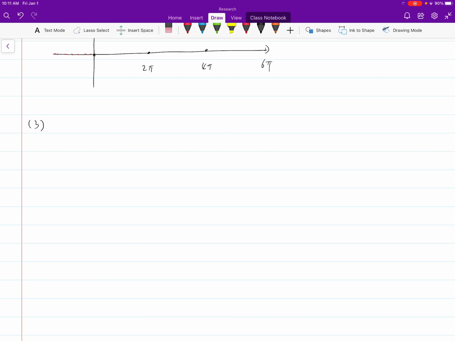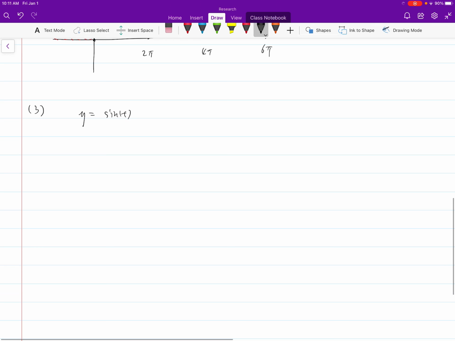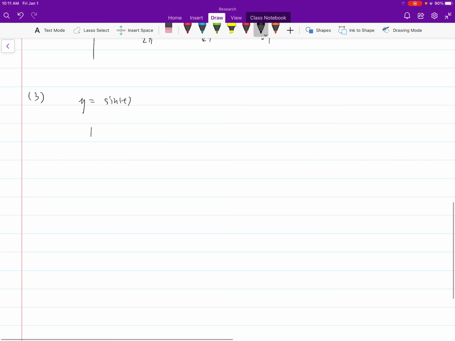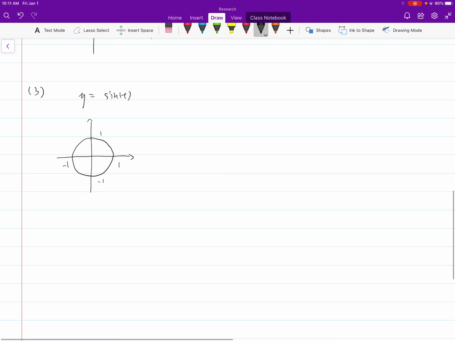Okay, with that in mind, now the third thing, let's try to draw it. Whenever you try to draw something, the first thing that comes to your mind is probably the easiest but also stupidest thing, which is plug in some numbers, right? For some numbers, you do know the value. So do you know some easy numbers where you know the sine value? Well, if I put t here, I put sine t here.